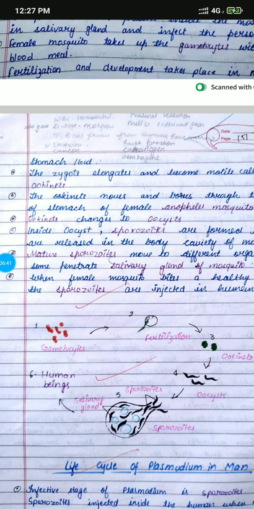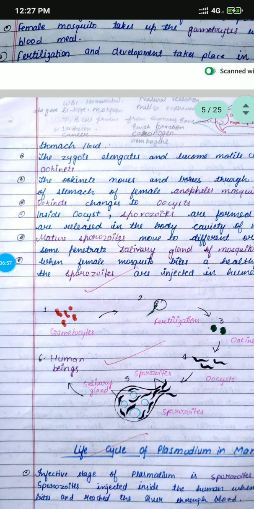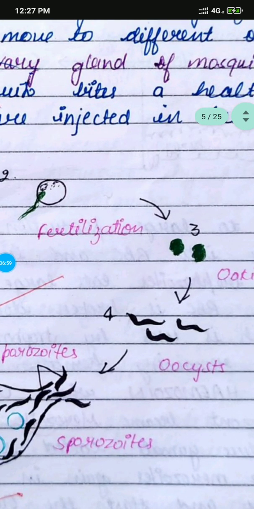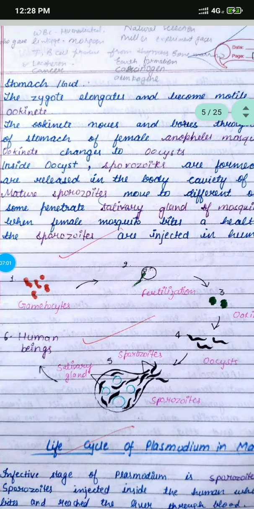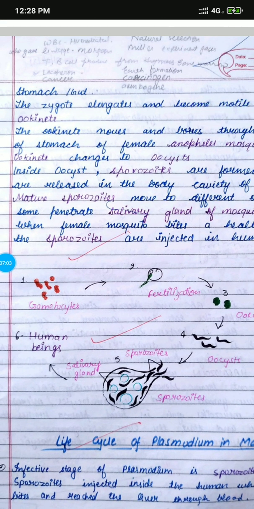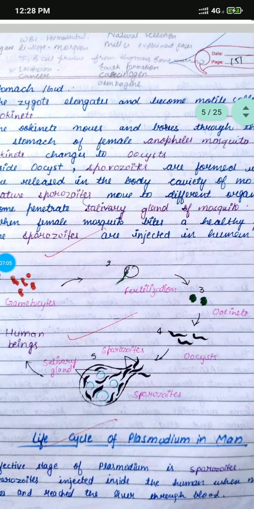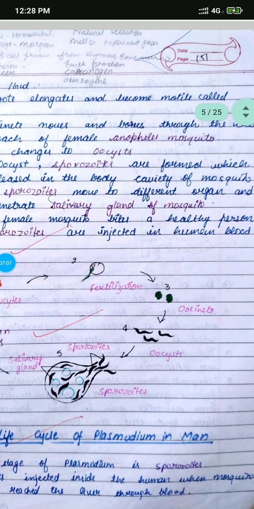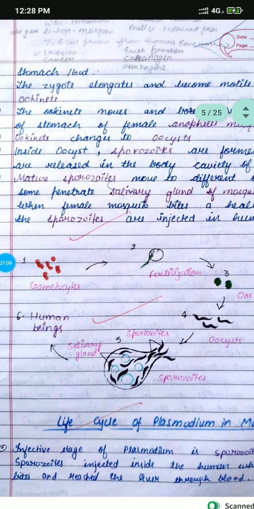Fertilization takes place inside the body of the mosquito in the stomach or gut, where the zygote develops and is called an ookinete. This ookinete moves to the stomach of the female Anopheles, where it changes into oocysts, and then this oocyst produces sporozoites and releases them inside the body cavity of the mosquito.